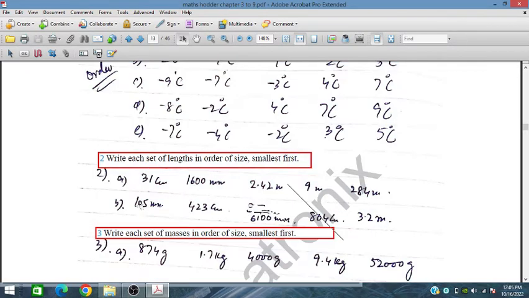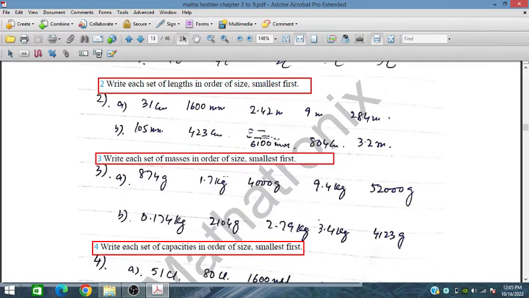So this is easy. This is 105 mm, 1 centimeter. The unit is very important. The units are given here, so we have to write according to the unit. So grams, kilograms, and grams, kilograms. We need to see this. We have to convert either all to grams or all to kilograms, and then write them in order.